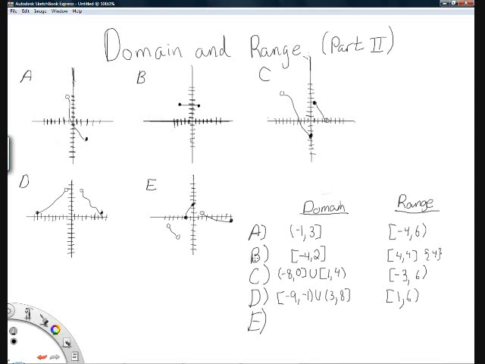So let's write that out. Parentheses -6 to -4, parentheses, union, bracket -2 to 0, bracket, and then again 2 to 8.